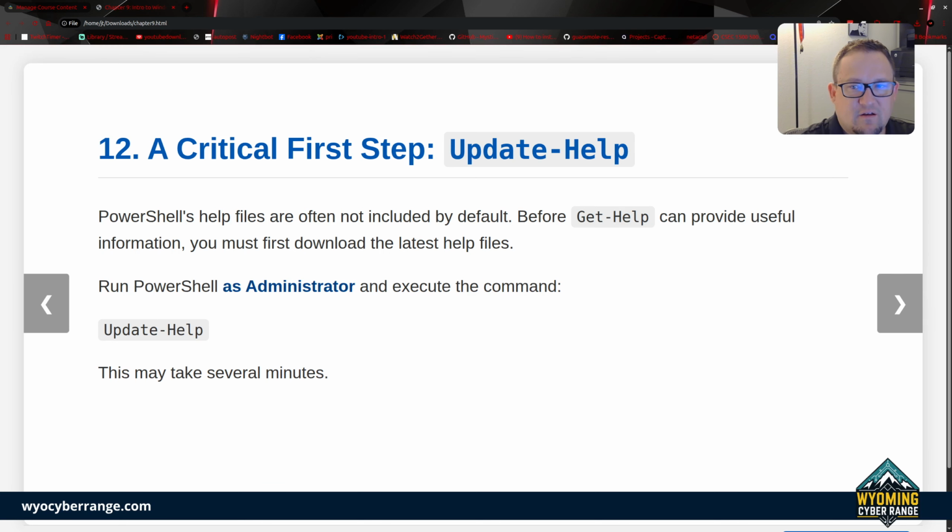This will go out to the internet and download the latest help documentation for all of your installed commandlets. If you skip this step, get-help won't give you much useful information. So if you want to use the get-help command, just be aware that you probably need to update help before you run it. Now it's going to take us several minutes to actually do that update, so make sure that you do it when you do have time and not in the middle of an emergency.